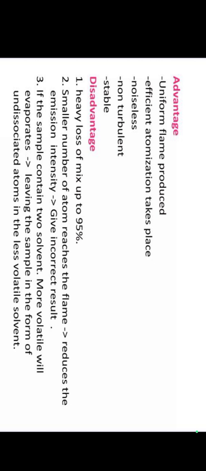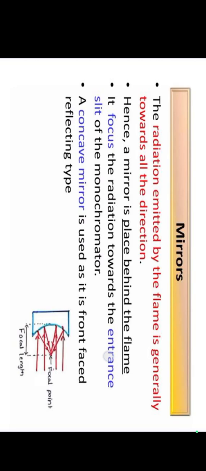Disadvantages: there is heavy loss of sample, up to 95% lost in this burner. Second, a smaller number of atoms reach the flame, which reduces the emission intensity and gives incorrect results. These are the advantages and disadvantages.